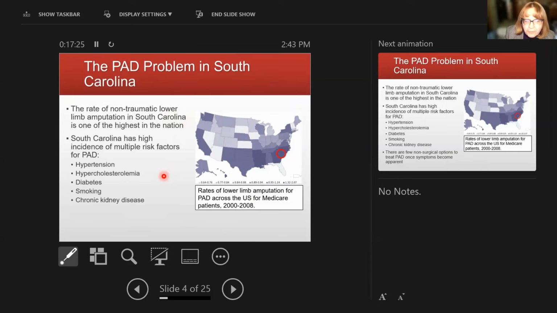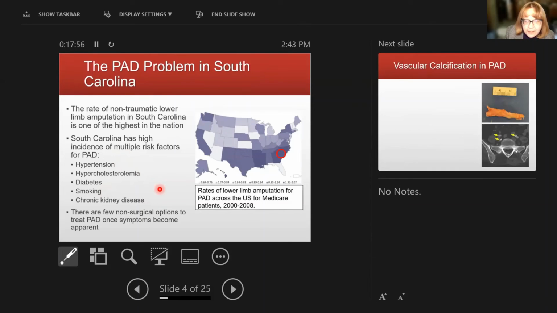And one of the reasons for this is that we have a large population of people who have risk factors for peripheral arterial disease, including hypertension or high blood pressure, hypercholesterolemia, which is high blood cholesterol, diabetes, smoking, and chronic kidney disease. So all of these conditions are elevated in the state of South Carolina, leading in part to these very high rates of peripheral arterial disease and lower limb amputation.